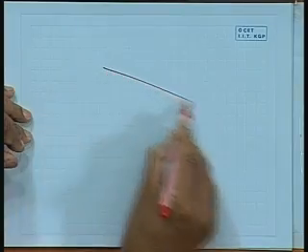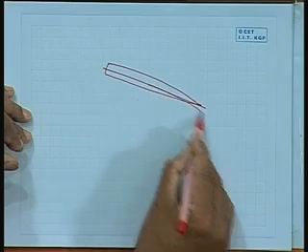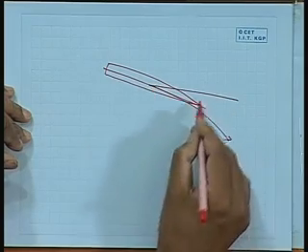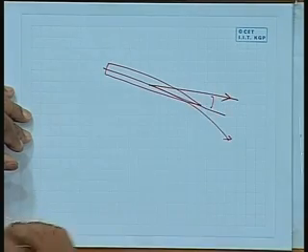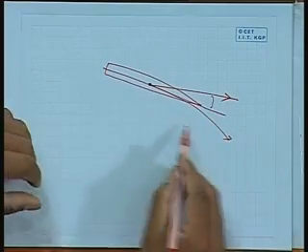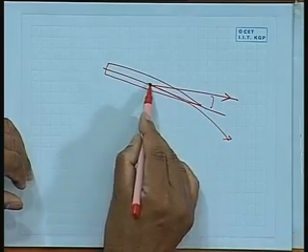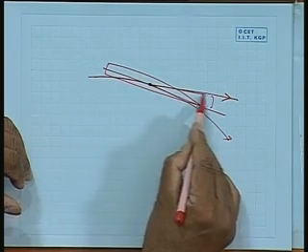There are more complicated diagrams one can draw. For example, the ship can be moving in this direction with a heading angle here. The ship might be moving in this direction, the velocity vector. When it is turning, the ship is moving along this trajectory, and the velocity is in this direction.